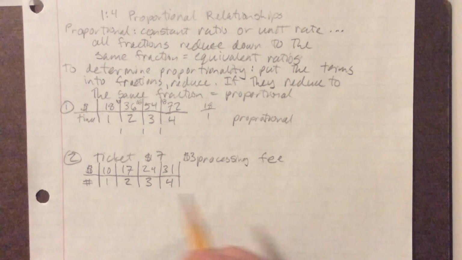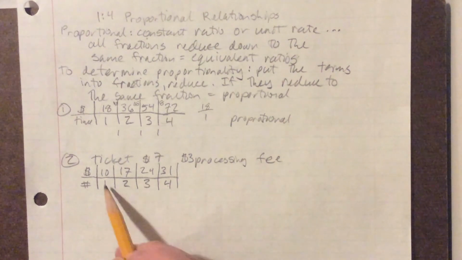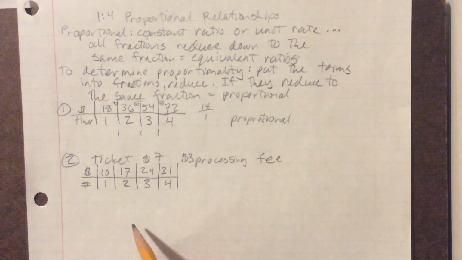Okay? So we do have a constant rate of change, because as we go up 1 here, we're going up 7 here.